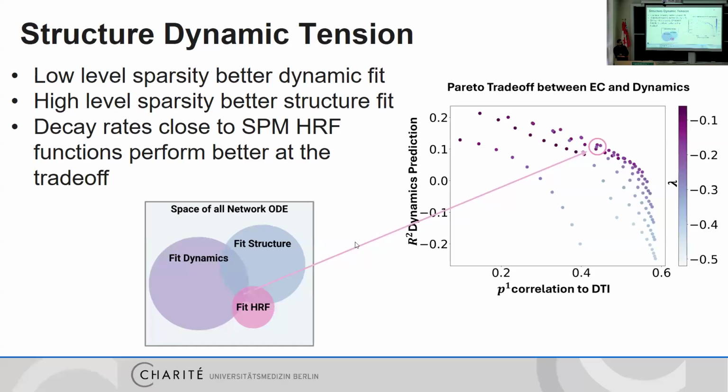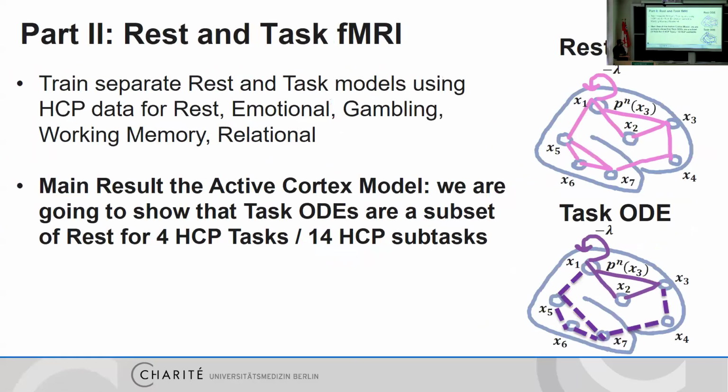And then you have networks where if you increase the sparsity, you have only a few edges, and then the correlation to your DTI gets really, really high, but then you have no connection to the dynamics. Luckily, you can also throw in these constraints for the HRF. So when you put everything together, we drew this purple line of models that pass a threshold, and then we use these going forward to understand the fMRI data. So this concludes part one.